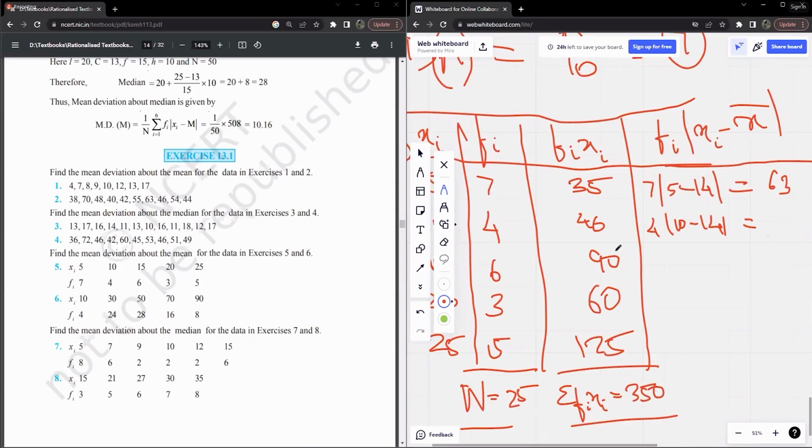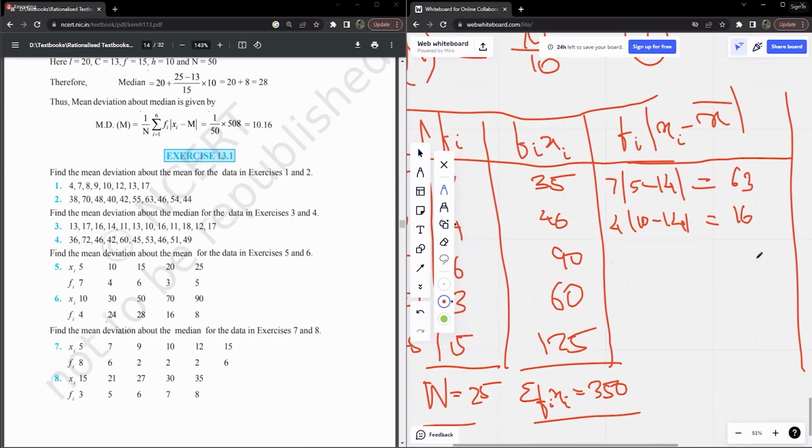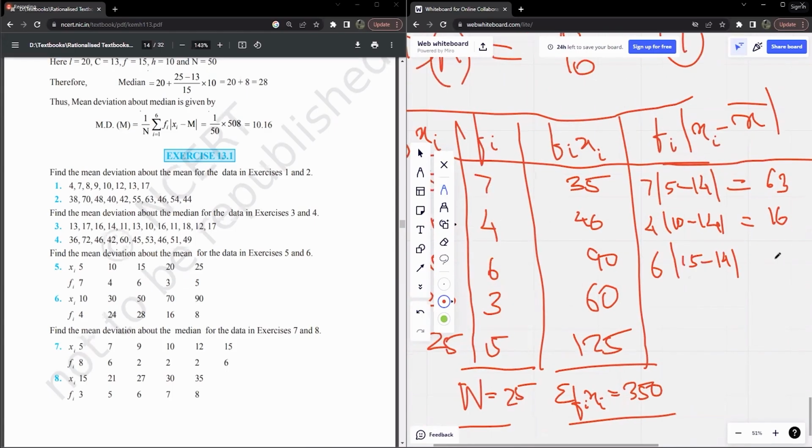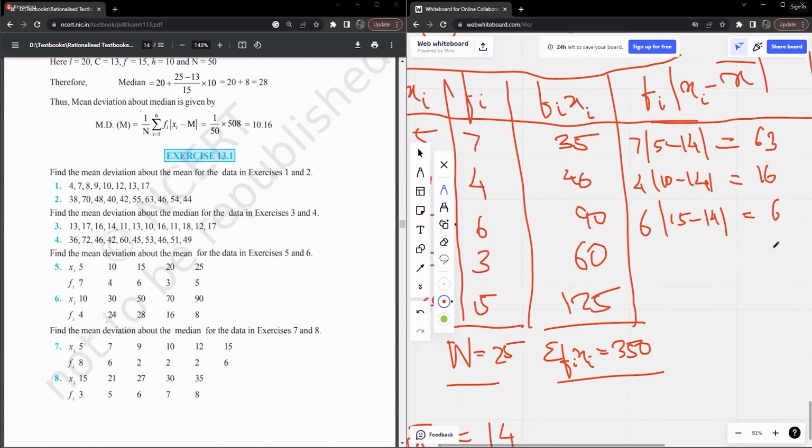This will be 6 times mod of 15 minus 14. Since this is 1, this is going to be 6 into 1, that's 6. And then this will be 3 times mod of 20 minus 14. This is 6, 6 into 3 is 18. And finally, this is going to be 5 times mod of 25 minus 14.